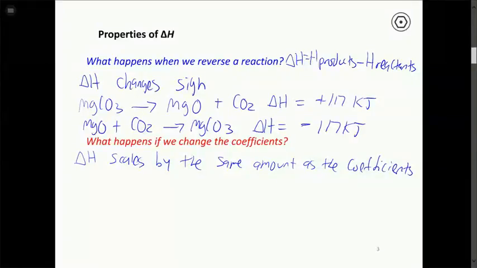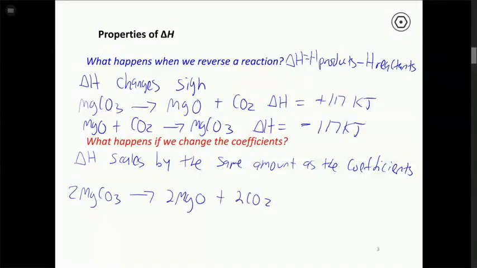Okay, so if we take the reaction 2 magnesium carbonates and decompose it to 2 MgO plus 2 CO2, this is obviously not the lowest whole number set of coefficients, but it's taking this first reaction here and just doubling all the coefficients. The delta H for this is going to be double that of that first reaction. So it's going to be 2 times this value here, 117 kilojoules, or 234.